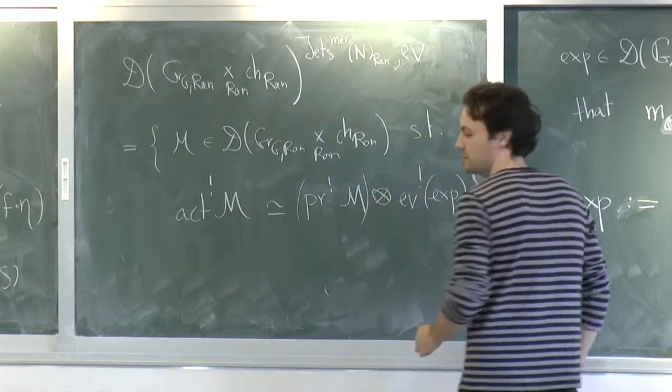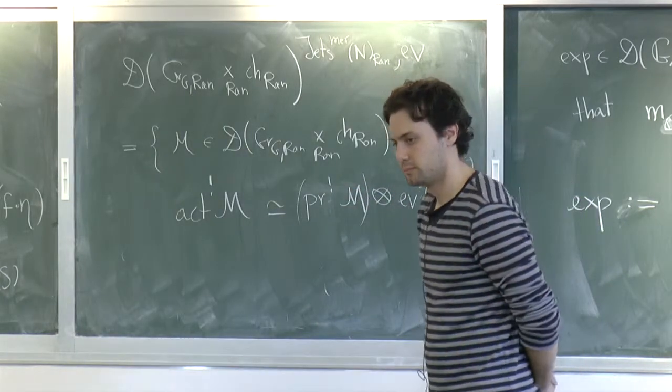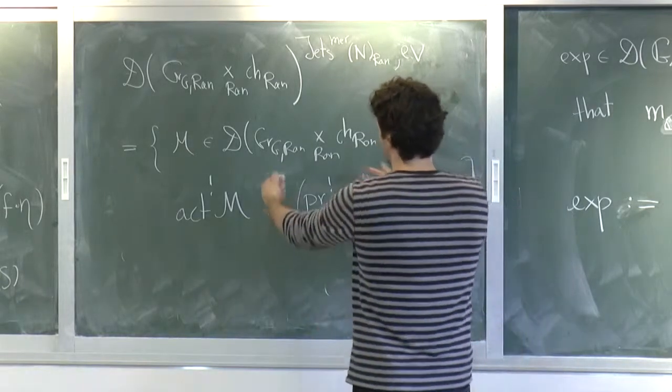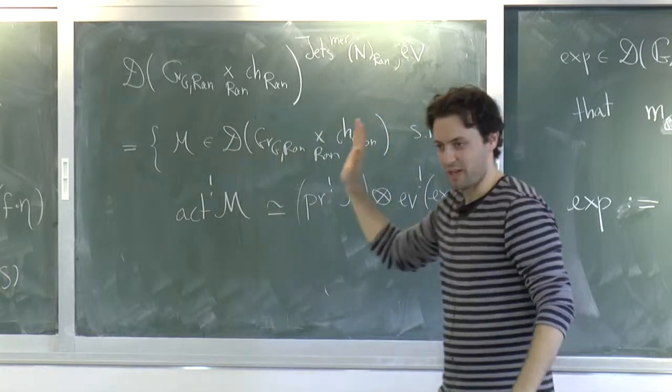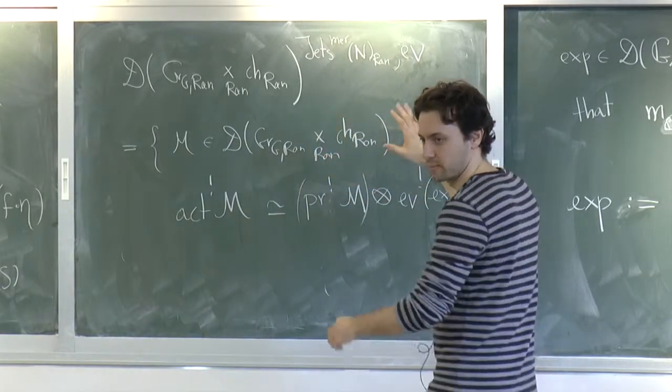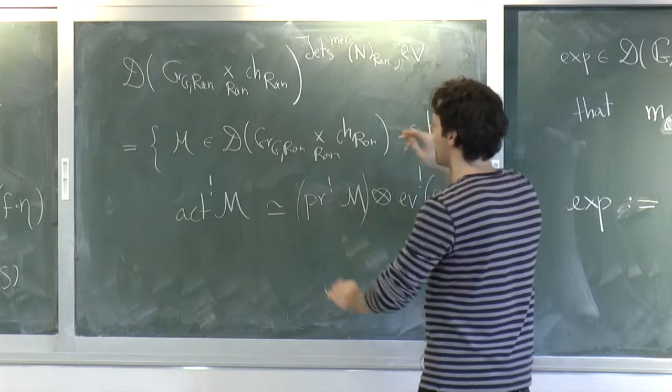So do you claim that such an isomorphism is unique if it exists? Yeah, so first of all, there is a definition in terms of a co-simplicial category. I can write it down if there is need.